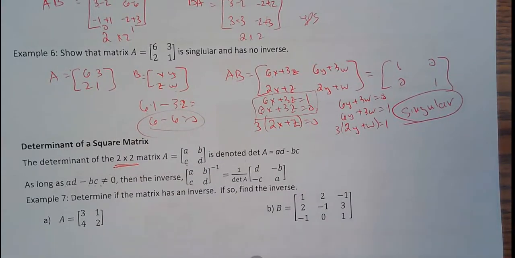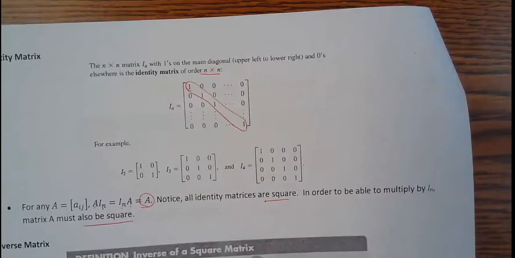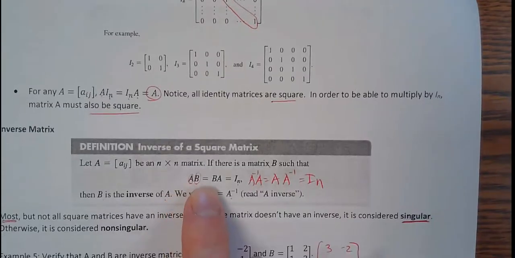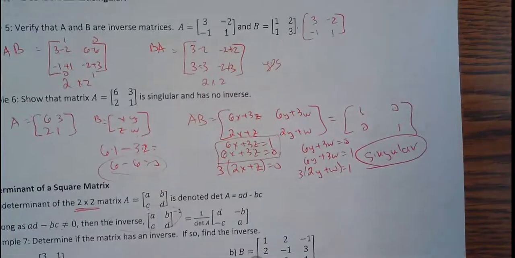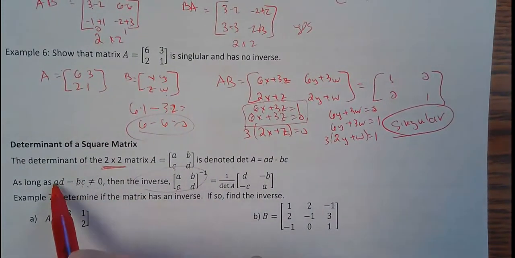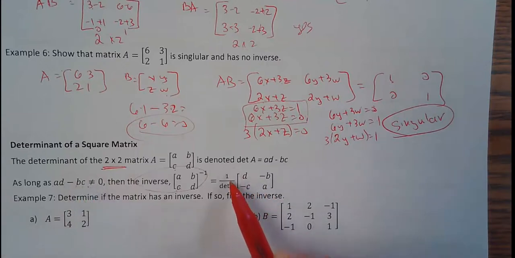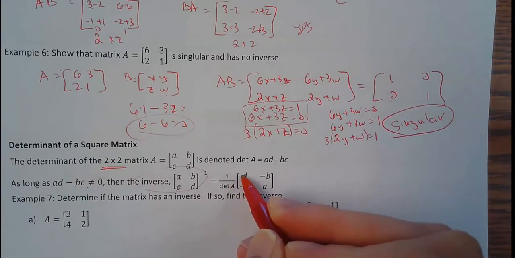But if we want to quickly find that inverse, our goal here is to find the inverse, the thing that you multiply by A to get the identity matrix. Well, the trick is find the determinant first. So AD minus BC, put that over 1, and then multiply by a matrix that looks different.